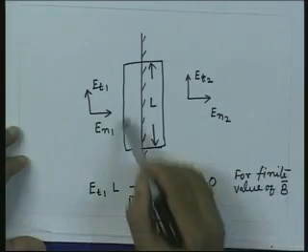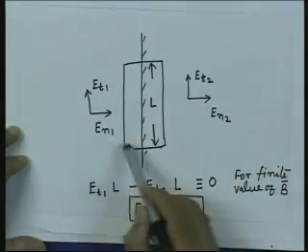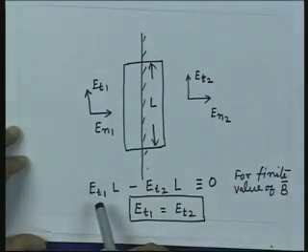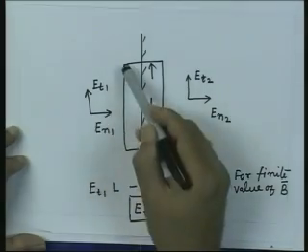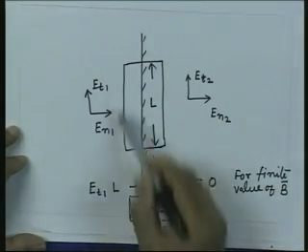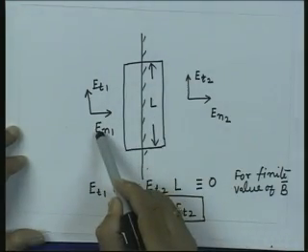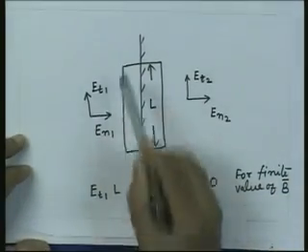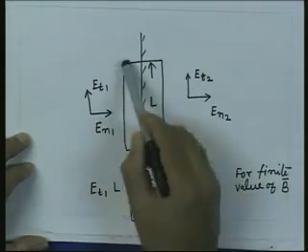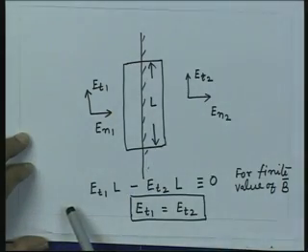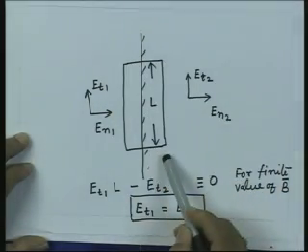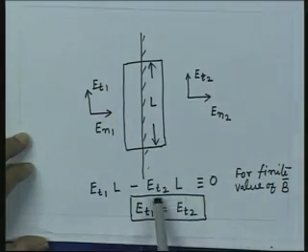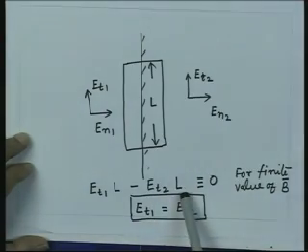So, if I take now the line integral of the electric field across this loop, this is the normal component, so on this wall the line integral will be 0 for the normal component. So, I will get the line integral contribution for this side, that will be Et1 multiplied by the length of this loop. Similarly, on this side I will get the line integral contribution which is Et2 multiplied by the length.